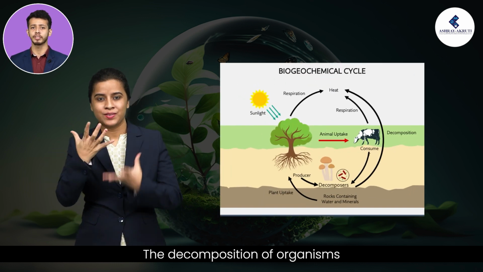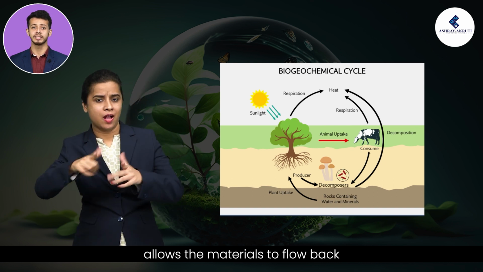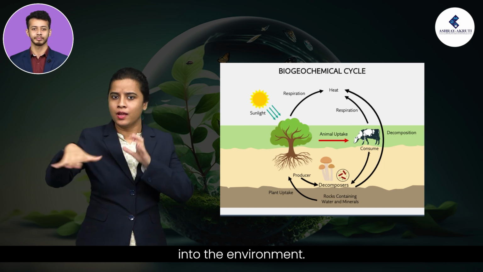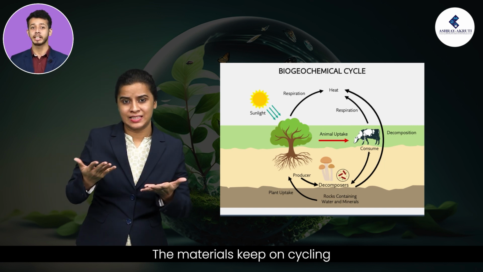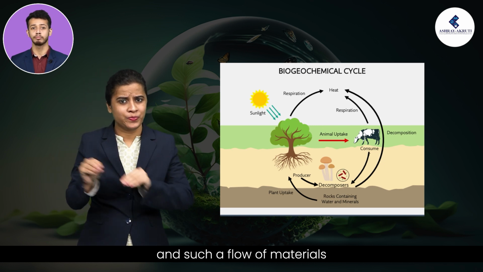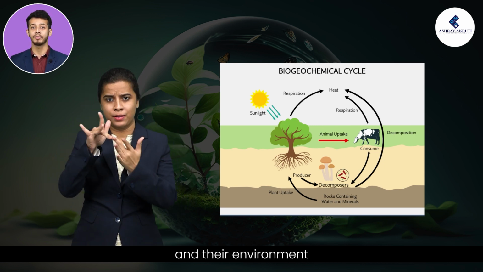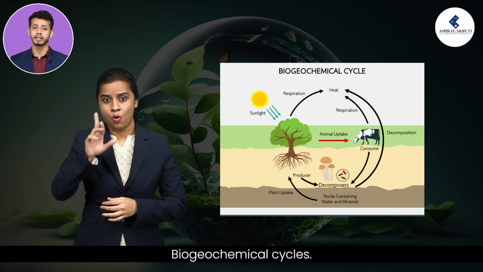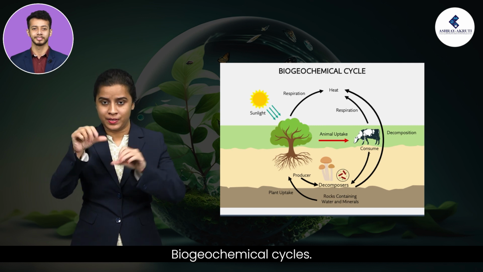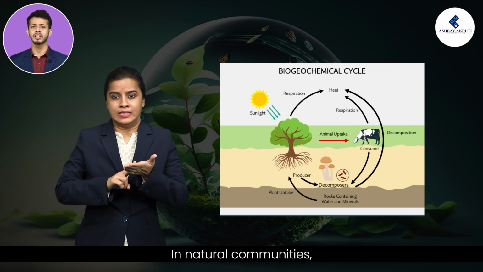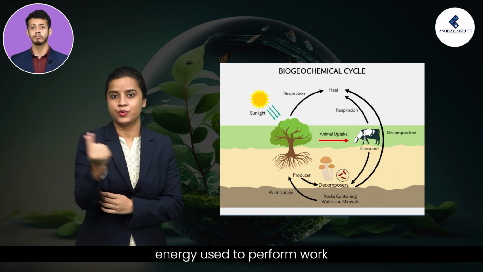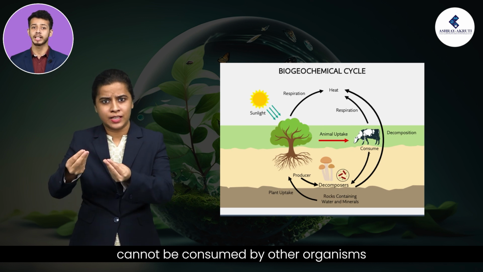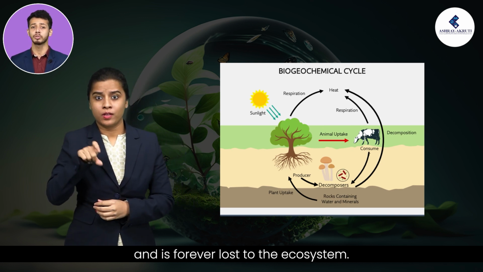The decomposition of organisms allows the materials to flow back into the environment. The materials keep on cycling, and such a flow of materials between organisms and the environment is called the cycling of materials or biogeochemical cycles. In natural communities, energy used to perform work or dissipated as heat cannot be consumed by other organisms and is forever lost to the ecosystem.